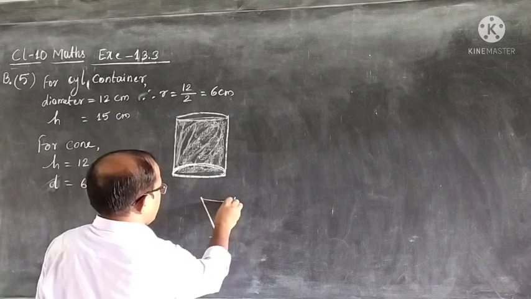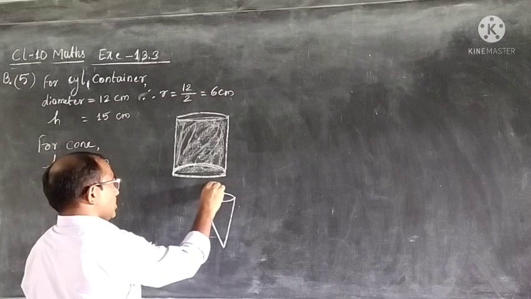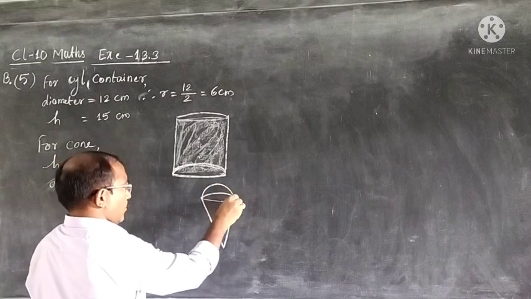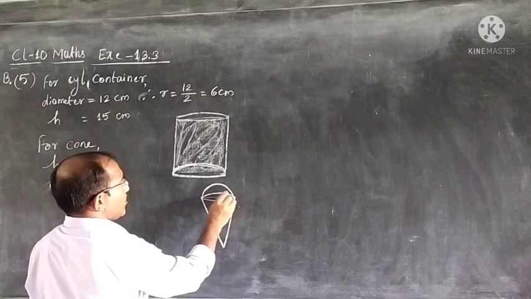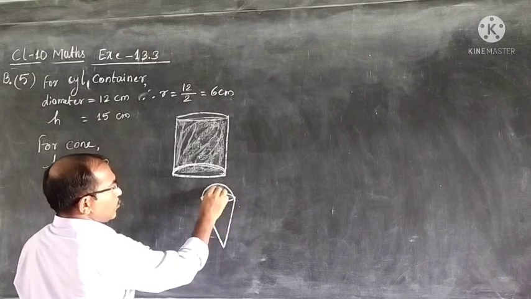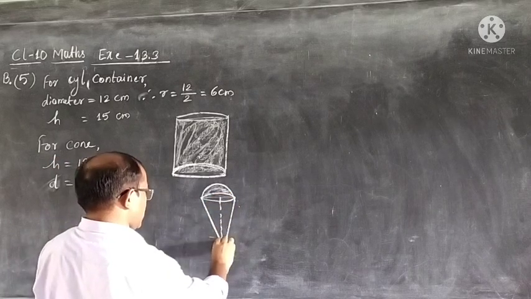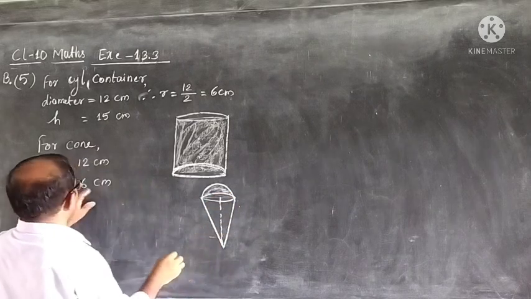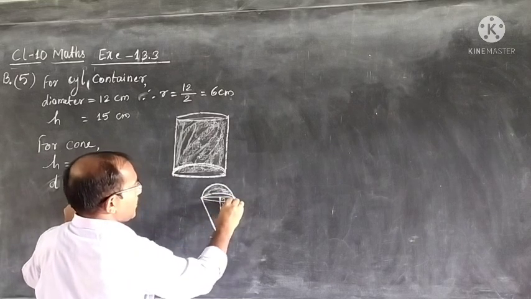You may be seeing this kind of kulfi or ice cream. When we go for buying this kind of ice cream, the shape will be like this. So, this top will be hemispherical, and then for conical portion we have diameter and radius. Diameter is 6. So, radius will surely be 3.